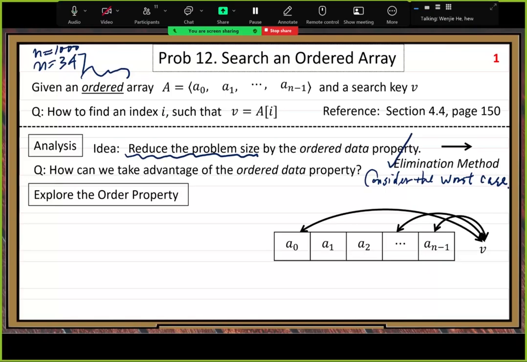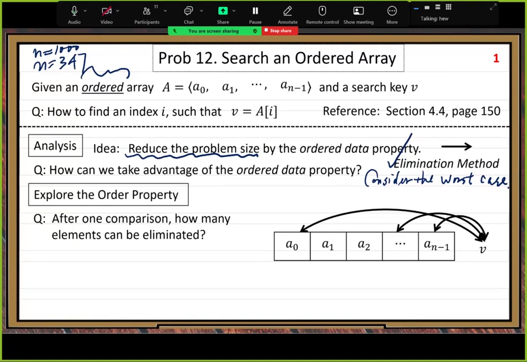So our goal is to eliminate the maximum number of elements after one comparison. But when you do that, you need to consider the worst case, not the best case.